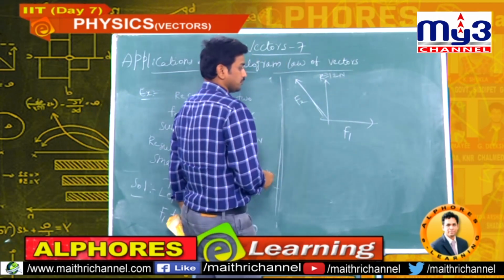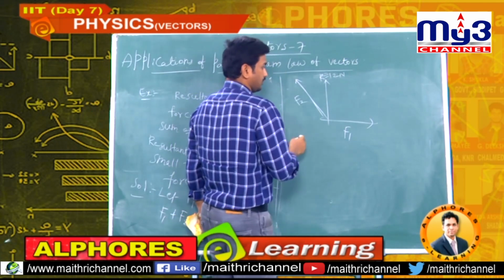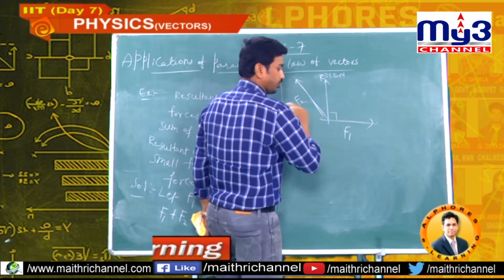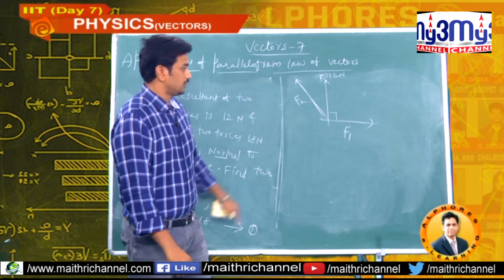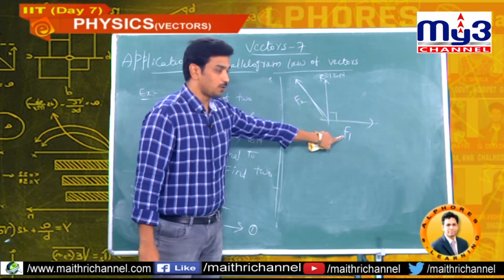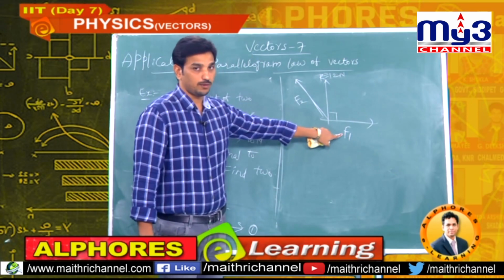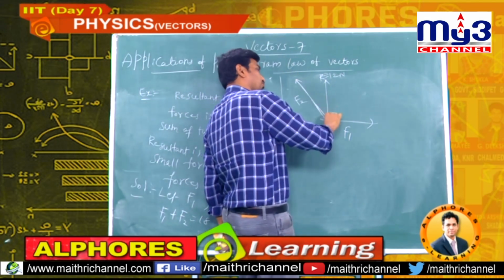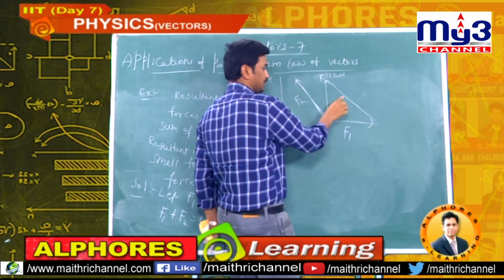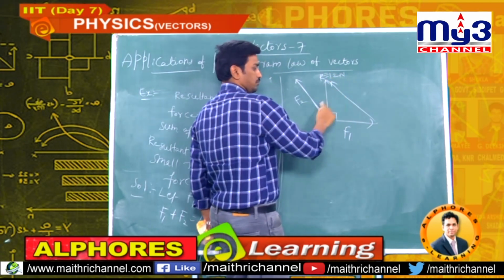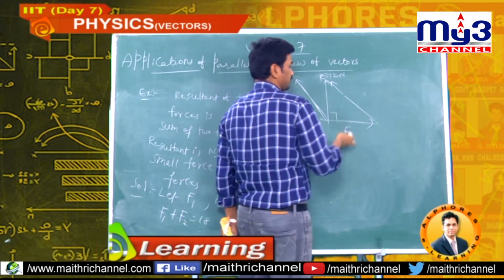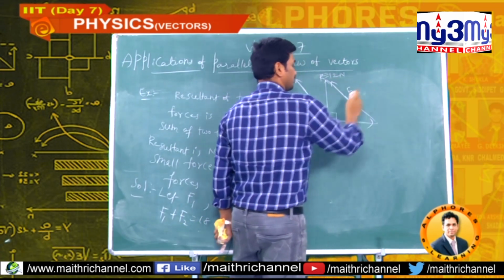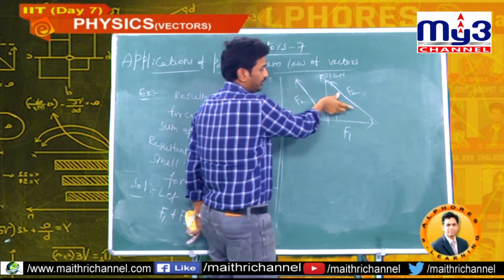Now what I will do here: let F1 be the small one, because in the question the resultant is perpendicular to the smaller one. So let F1 be the smaller one. Now I will do one thing, F2, can I take a parallel vector? Same thing, parallel shifting. F2 is parallelly shifted to here.